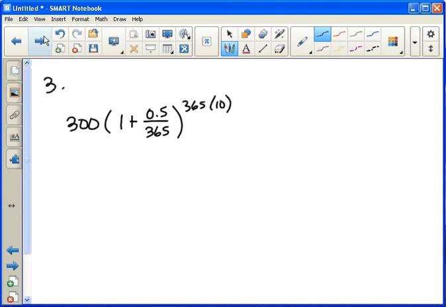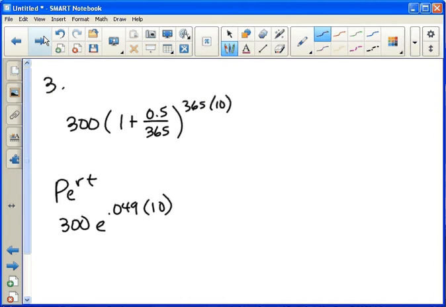Okay, that's the first option. And then account B offers 4.9% compounded continuously. So that's where the PERT equation comes in, when you're compounding continuously. So I do 300 e to the 0.049, that's 4.9%, times the 10 years needed.